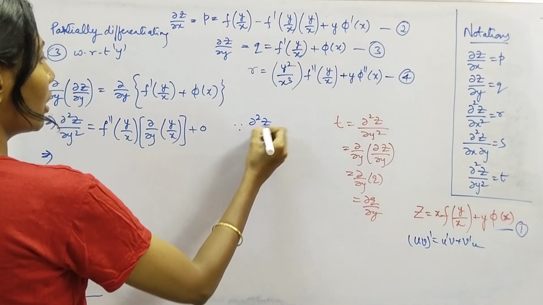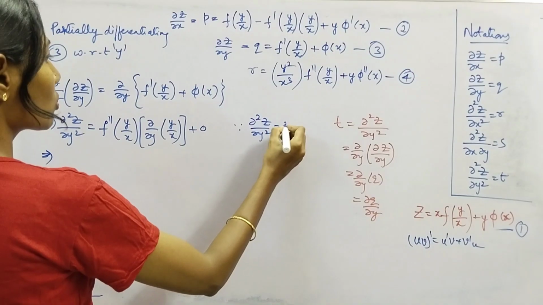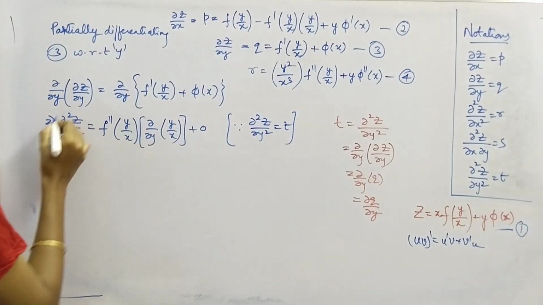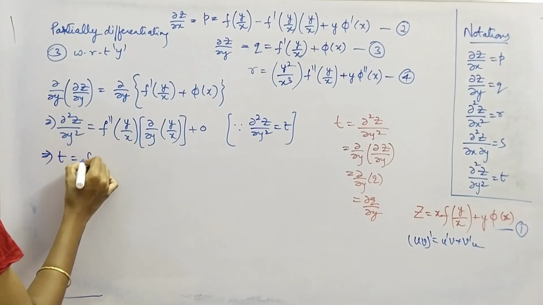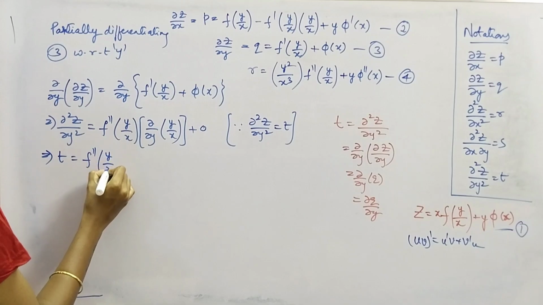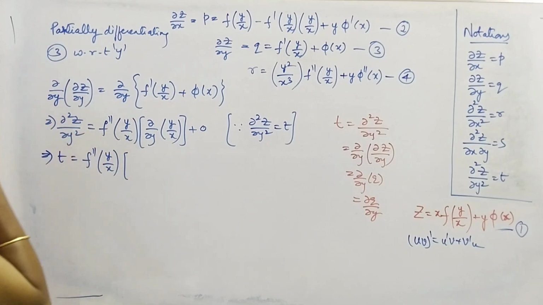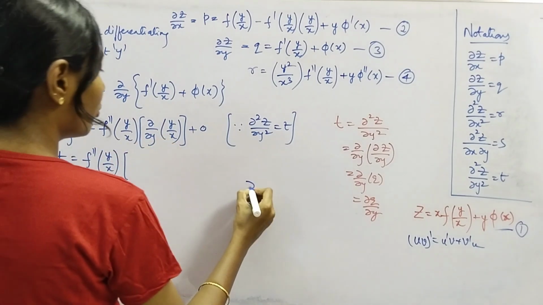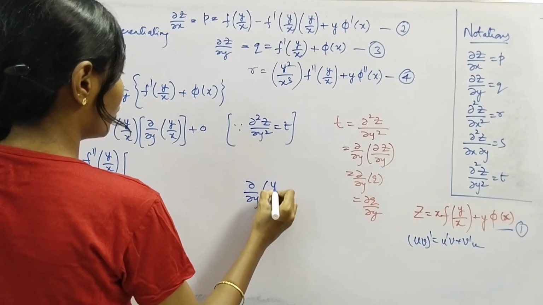Since dou square z by dou y square is equal to t, just replace it by t, you'll get t equal to f double dash of y by x into the partial derivative of y by x with respect to y.